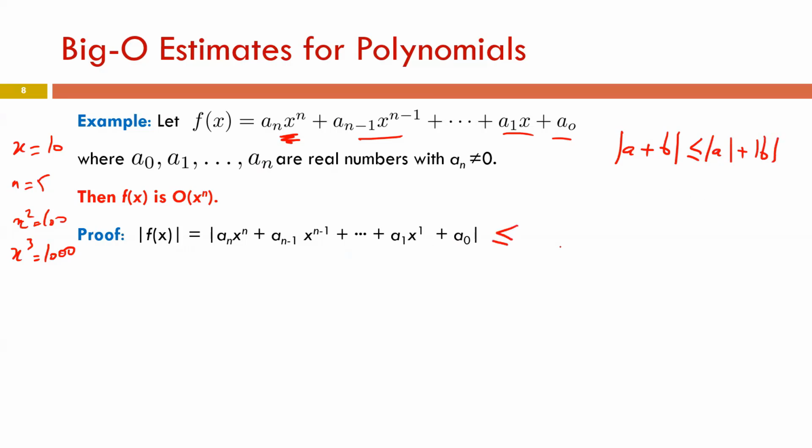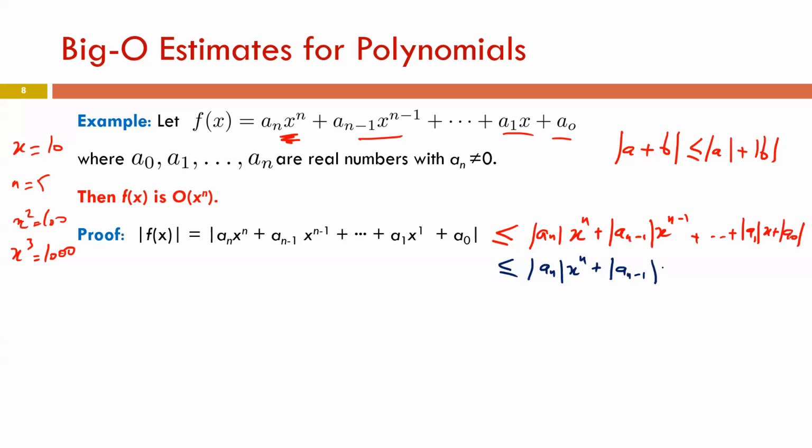So this quantity is less than or equal to |a_n| x^n plus |a_{n-1}| x^{n-1} plus ... plus |a_1| x plus |a_0|. And we know that x^{n-1} is less than x^n, for example when x is greater than 1. x^{n-2} is less than x^n, and x is less than x^n.